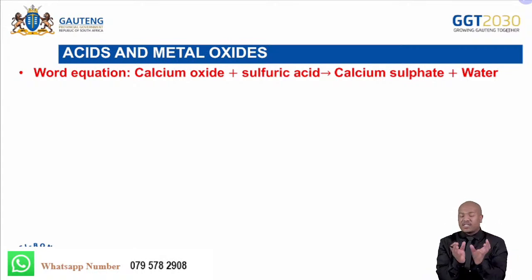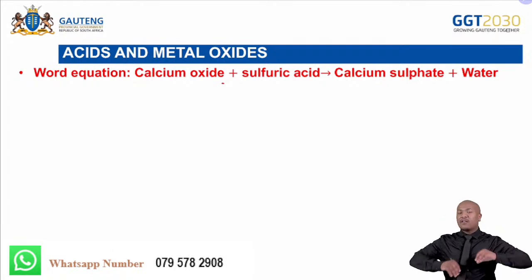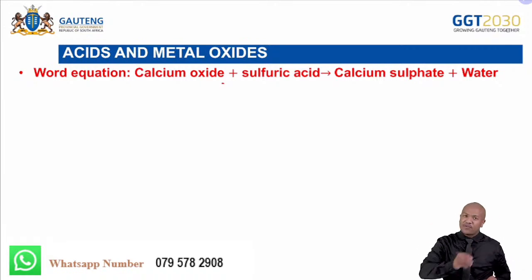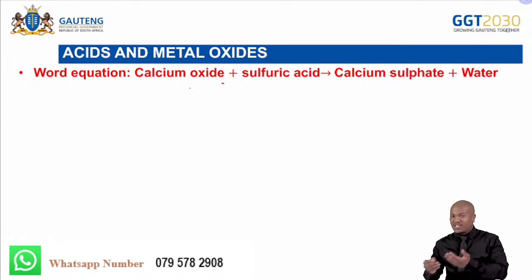So this calcium oxide plus sulfuric acid. Sulfuric acid is a type of acid. And we said that the type of salt formed will depend on the acid and the metal oxide in the reaction, right? So calcium oxide plus sulfuric acid, they form calcium sulfate, right? Calcium sulfate is our type of salt. So they form calcium sulfate plus water.